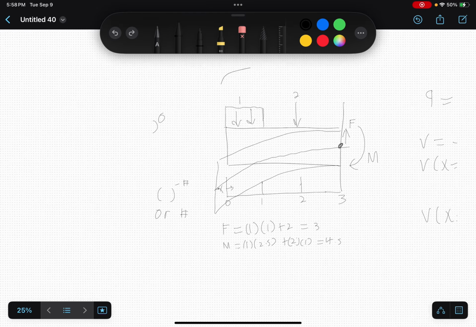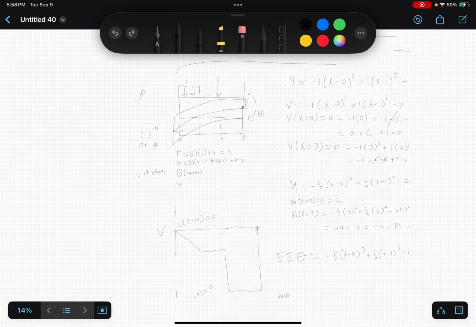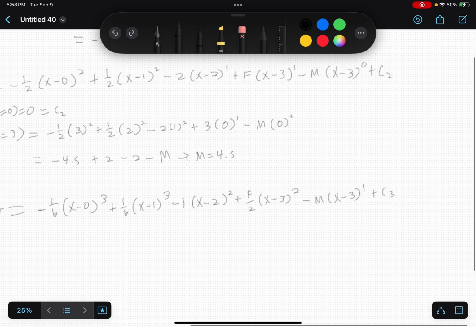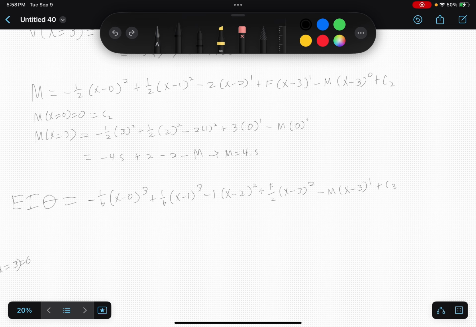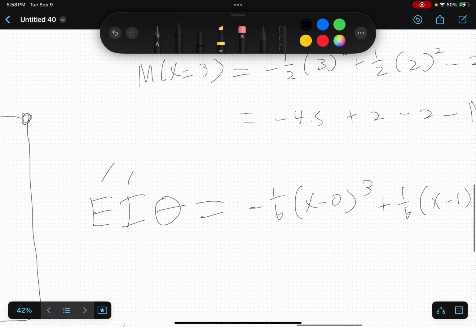So we can use the angle on the right-hand side being 0 as our only boundary condition, because all we need to do is solve for C3. We could leave the E and I over here for now. I'm probably just going to say each of these just equals 1. But yeah, we'll see.